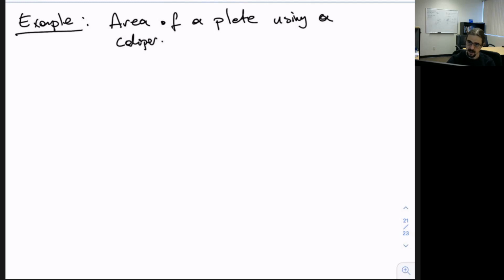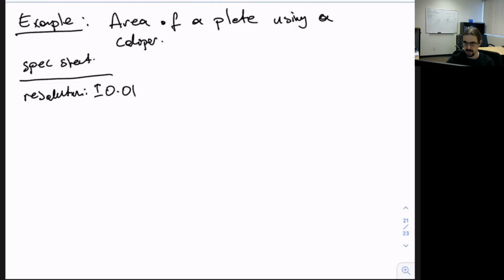Okay, so I look at the spec sheet of the caliper. Okay, I found that the resolution is plus minus 0.01 millimeter, and that's at 95 percentile.